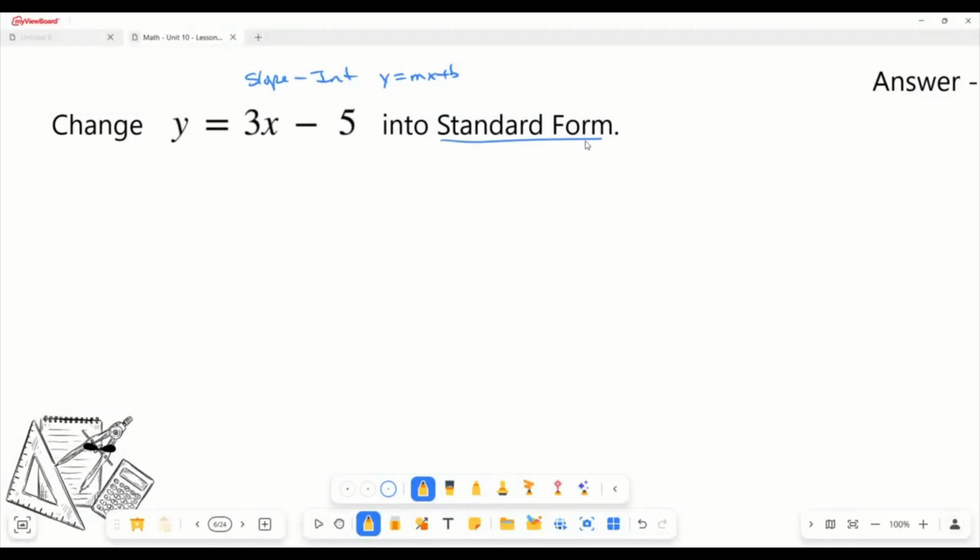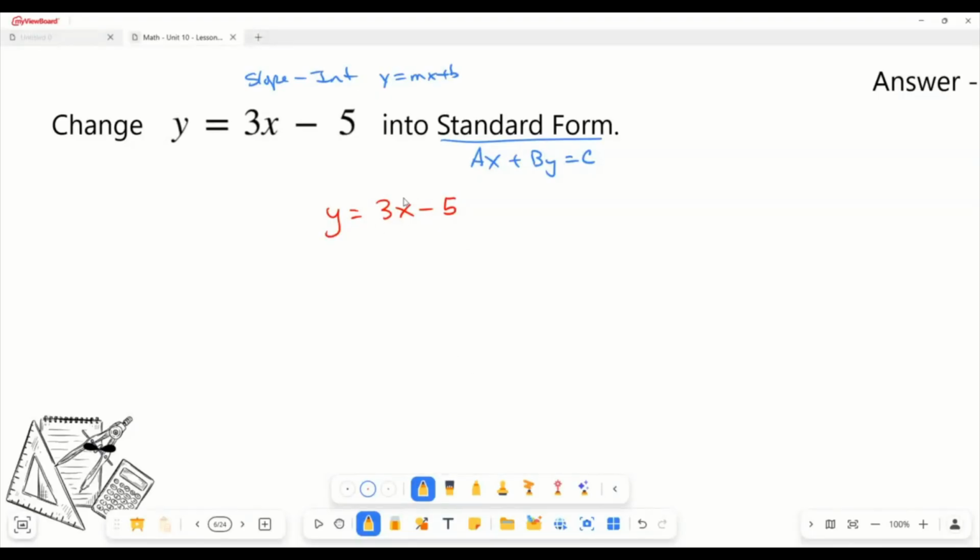We want it in standard form: ax plus by equals c. So I'm starting with y equals 3x minus 5. Well, this one doesn't have a fraction, so that's good. We don't have to worry about getting rid of a fraction.